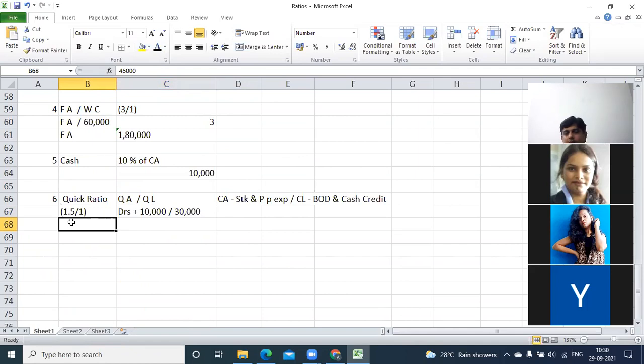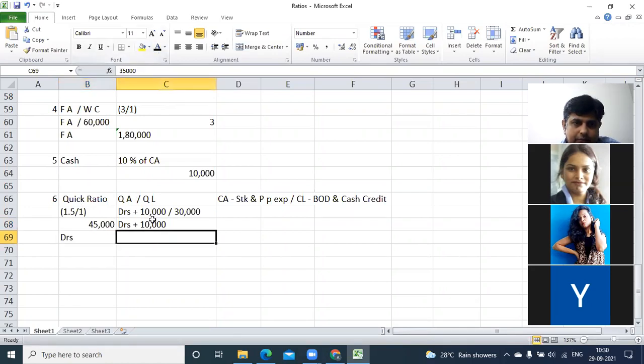So this 30 will become 45,000. 30,000 into 1.5 कितना आएगा? Sir, 45,000. 1 को इधर मल्टीप्लाई होगा, it will not give any value. Debtors plus 10,000. So what is the value of debtors then? 35,000. आ गया debtors.